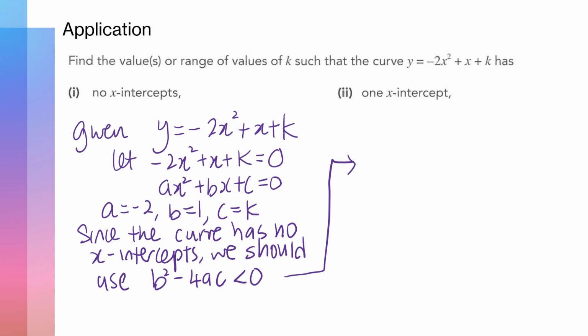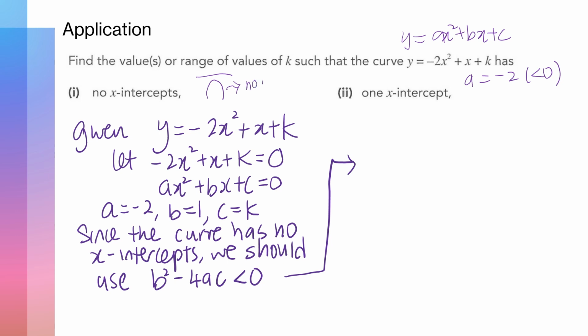Right. So when you have no x-intercept, and if you were to compare this curve with the general quadratic form, we can see that a is equal to negative 2, which is less than 0. So you have an N-shaped curve. And if you have no x-intercept, means your curve is entirely below the x-axis. There's no x-intercept, no solution.